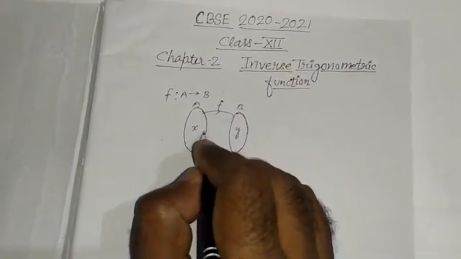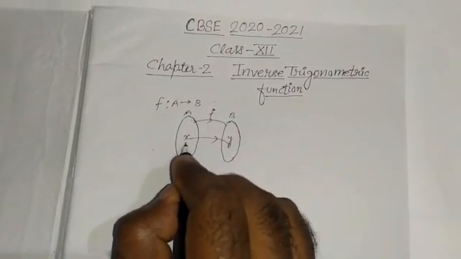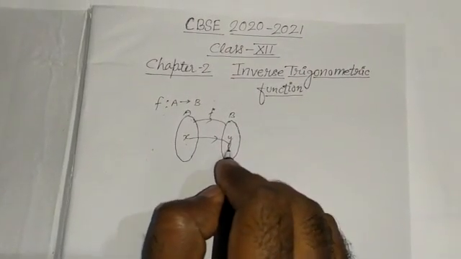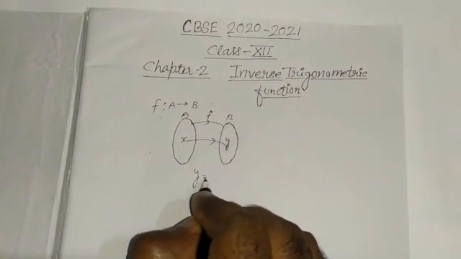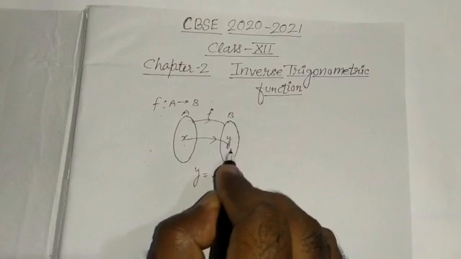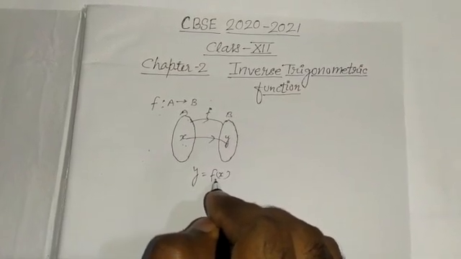This is the function. Suppose x is associated to the element y, meaning x will be the pre-image and y will be the image. In this case you can write y equals f(x), because y is related to x under f.